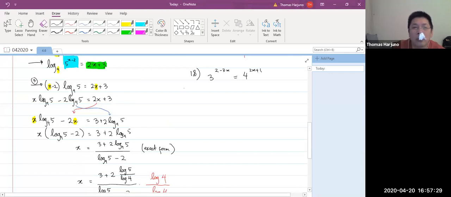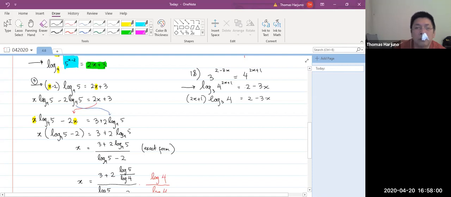Now let's see what happened with number 18. Suppose I use base 3. So log base 3 of 4 to the 2x plus 1 equals 2 minus 3x. And then using property number 3, I have 2x plus 1 times log base 3 of 4 equals 2 minus 3x.